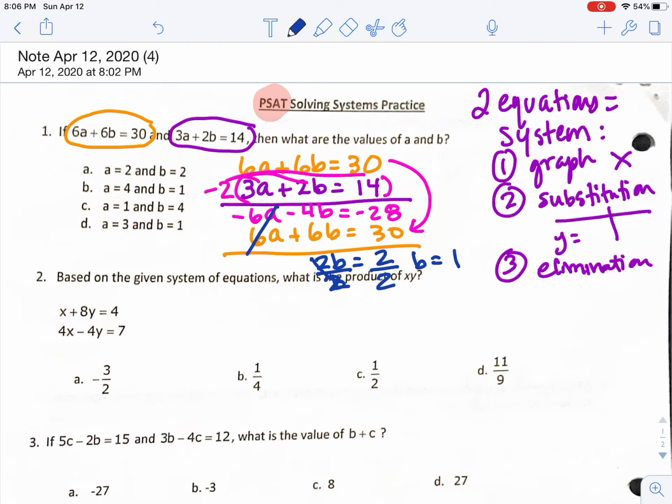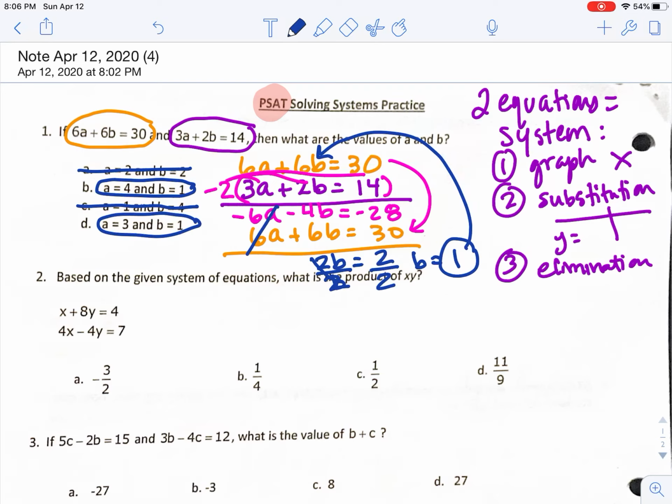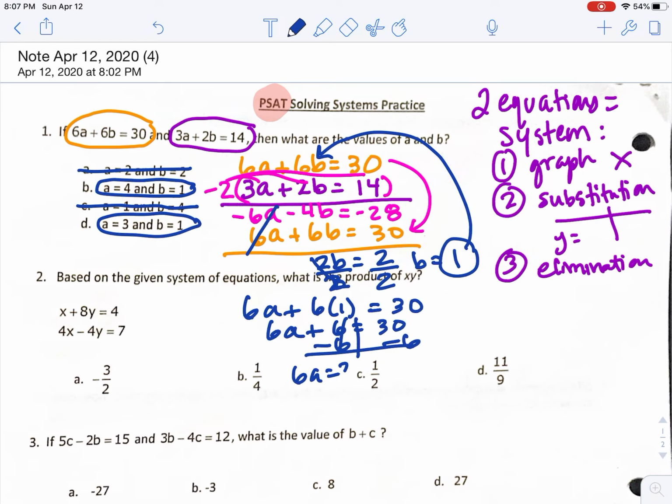So that helps at least narrow down. It's got to be either b or a. But I'm not done. I still have to take that and plug it back in. Right? So I'm going to go ahead and plug that back in. And now I would have 6a plus 6 times 1 equals 30. And when I go to solve this, 6a equals 24, divide by 6, a equals 4.